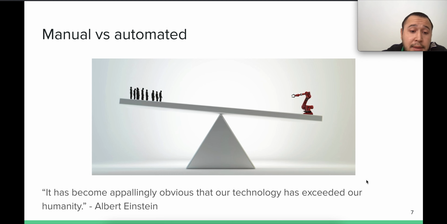As Albert Einstein once said, "It has become appallingly obvious that our technology has exceeded our humanity," right? So we can think about automation of any process because it's going to be cheaper. We're going to have great results, and the process itself will be improved overall, right?